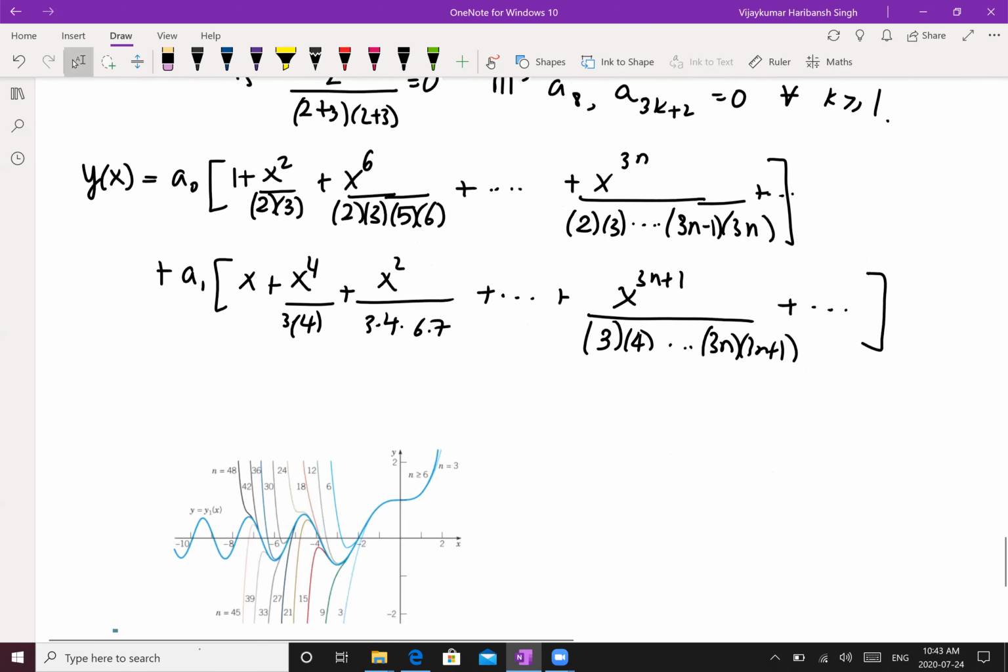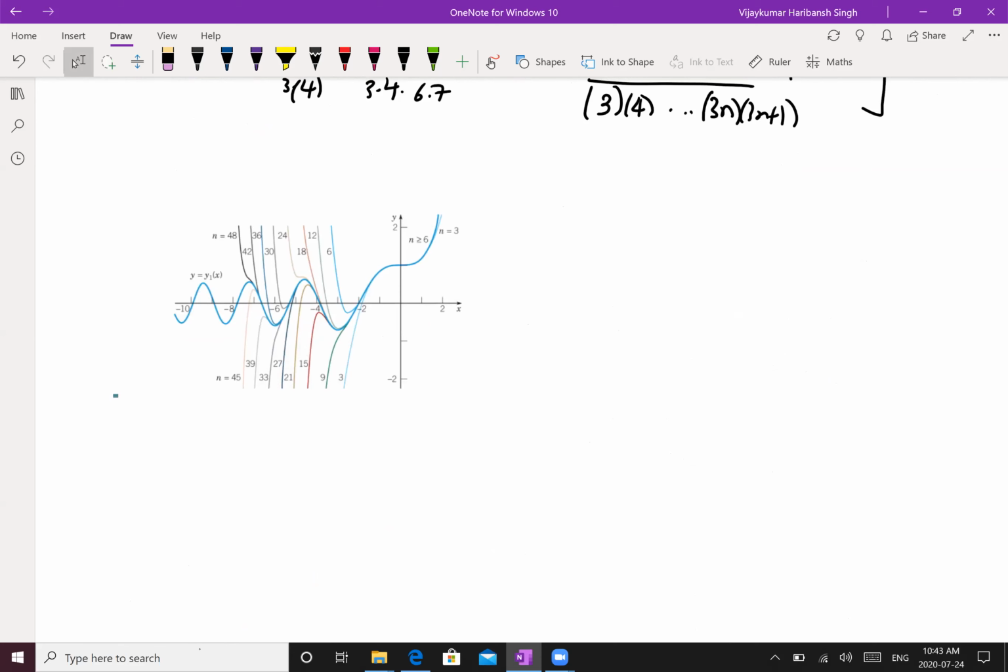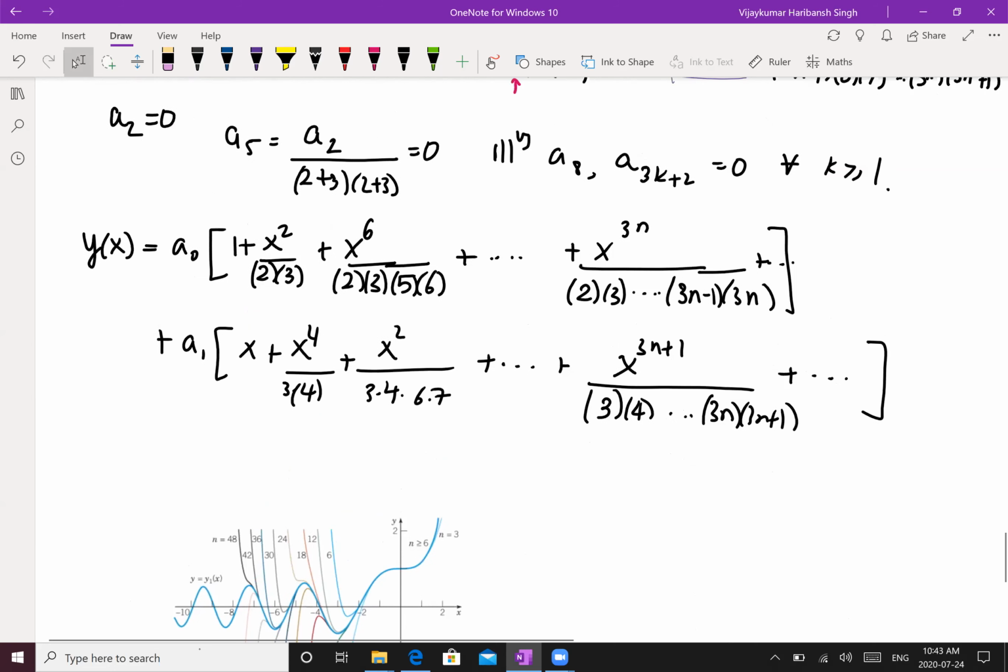So this equation is Airy's equation. Now look at the solution. I claim this solution converges for all x. Why? Because our theorem guarantees it, right?